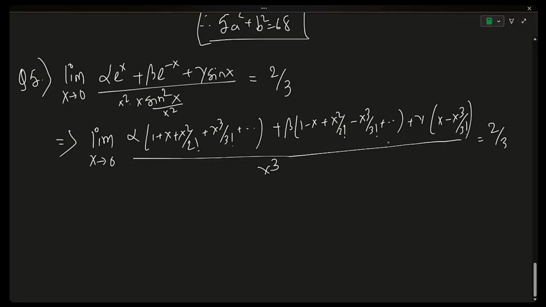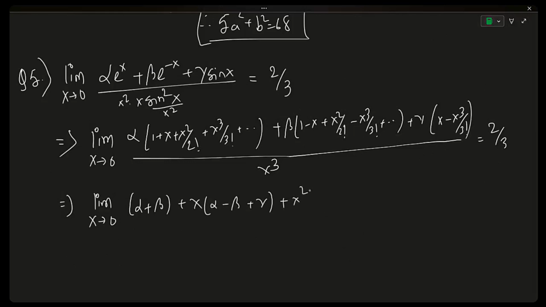Okay, so therefore this would mean limit x tends to 0. Now again, since the denominator is x cube, everything else should cancel. So I think alpha plus beta is the constant term. Then for x, I think we have alpha minus beta plus gamma. And then for x square, I think we have alpha by 2, then beta by 2, and I don't think we have other terms.